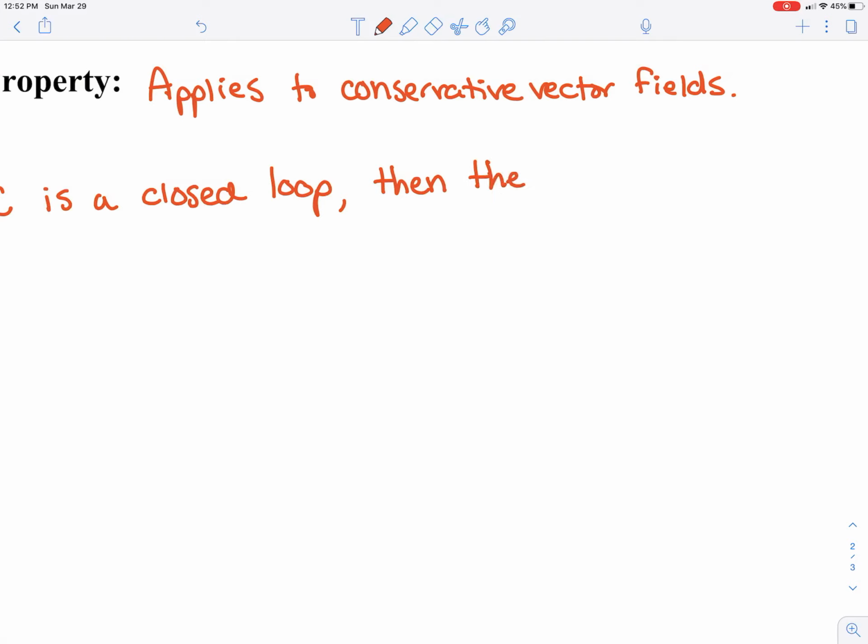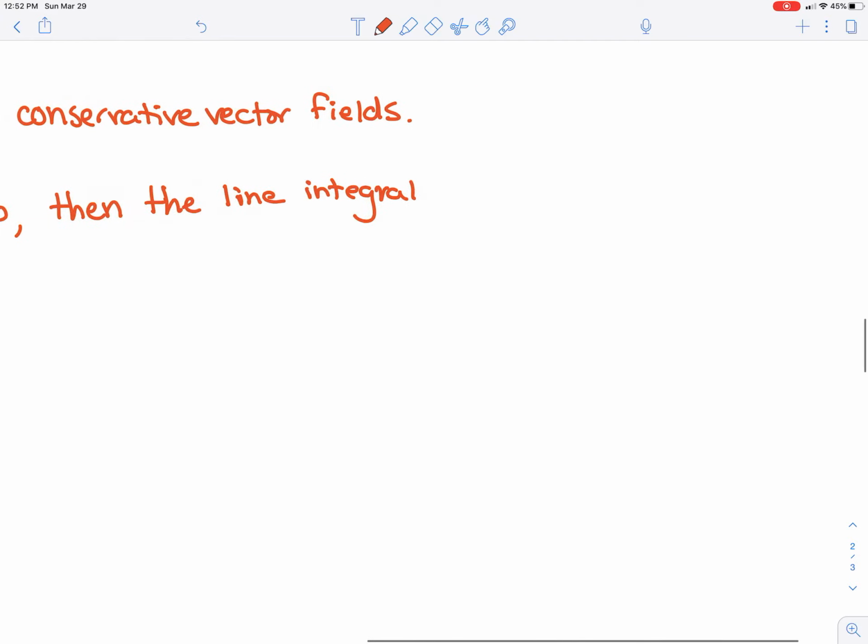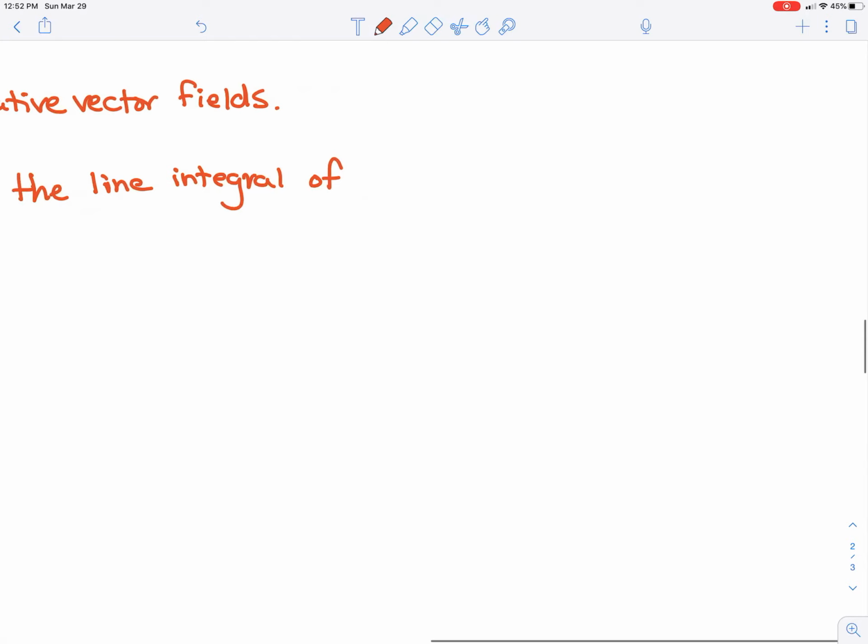So then the line integral of F over the path C is 0.